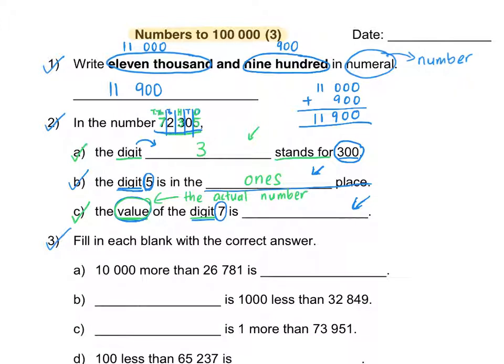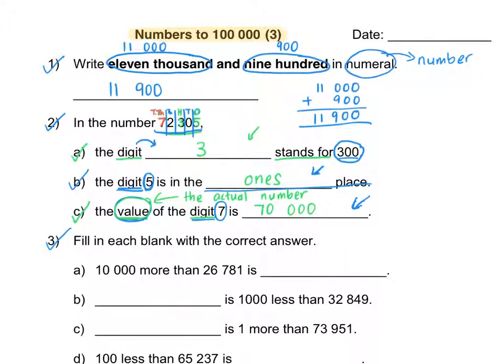So how do you write the actual number of 7 ten thousands? Now remember what Ms. Pang said? 70,000. That is how you should write down the answer. So it should be 70,000. So this is the answer for part C.